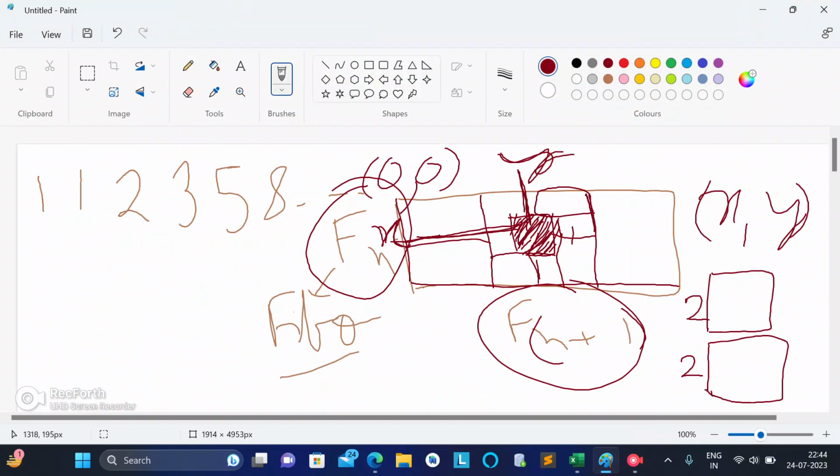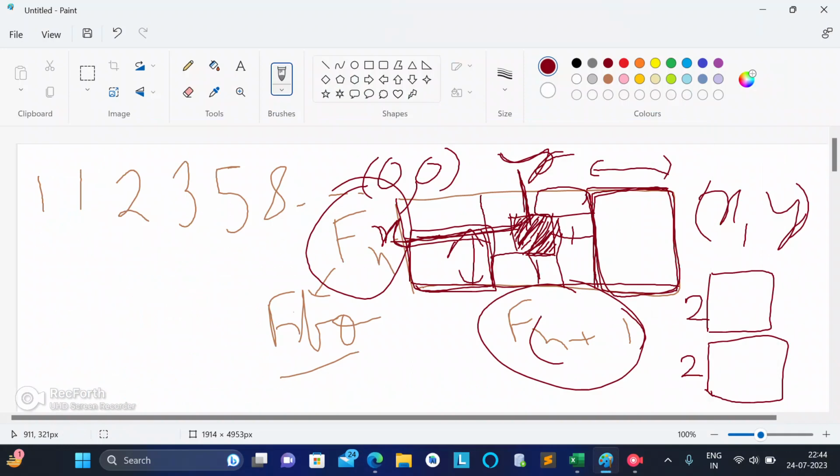The third condition is that the side of every square we make must be a Fibonacci number. In this square the size is a Fibonacci number, and in this one too.